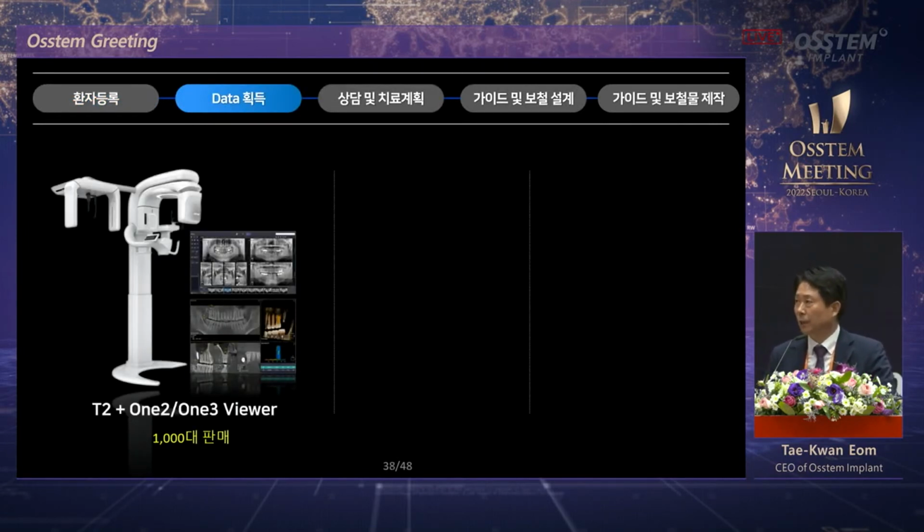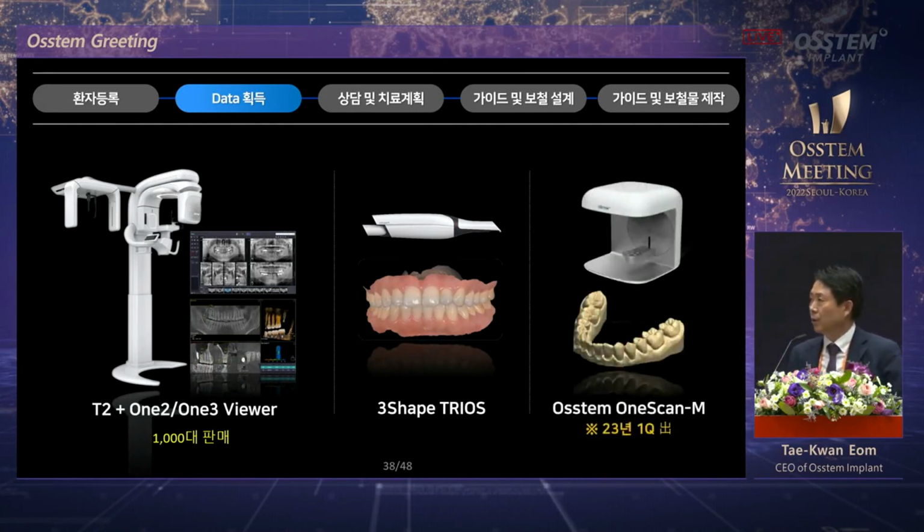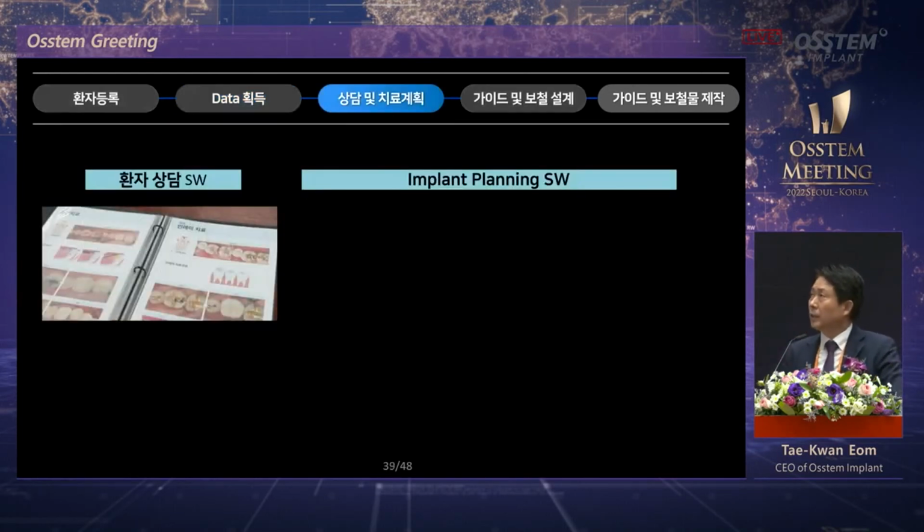And CT, T2 is used. So 1213 viewers. We have sold about 1,000 CTs, so the quality of the device is already very validated. And we have a strategic partnership with 3Shape to provide intraoral scanners. Model scanner will be launched next year.